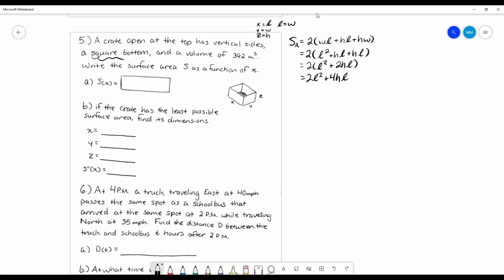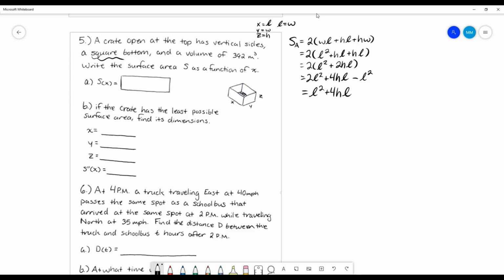So of course, that's just going to be the area of a square, because it's going to be the same area as the bottom, because it's the top, and they're parallel. So we're going to subtract an L squared, I believe, because that is that top bit there. So if I subtract that, I end up with just L squared plus 4 times the height times the length. And so this is going to be our surface area equation.